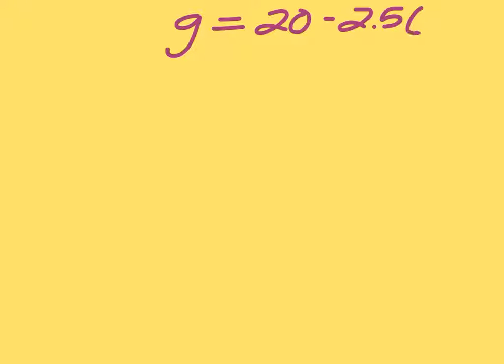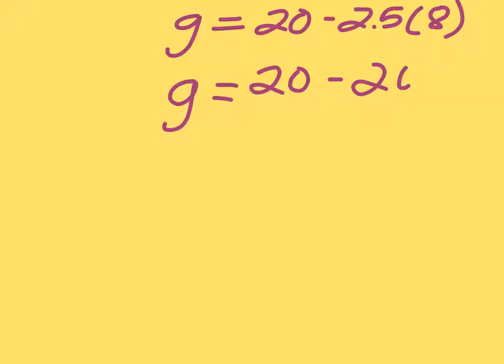And let's do one more here. Again, that's the amount we started with, minus 2.5 gallons every minute, and now we're going to do 8. Okay? Negative 2.5 times 8 is 20, so we're going to have G equals 20 minus 20.